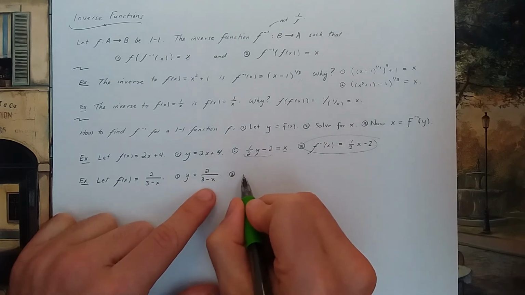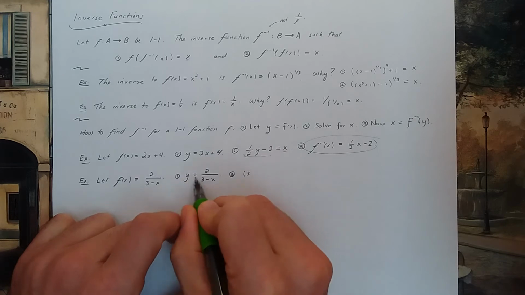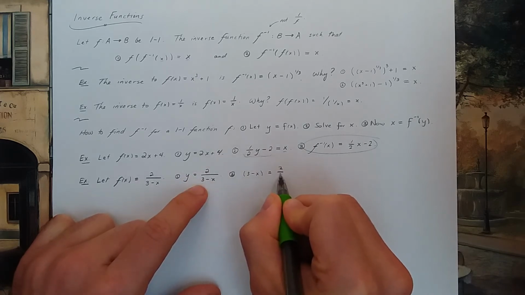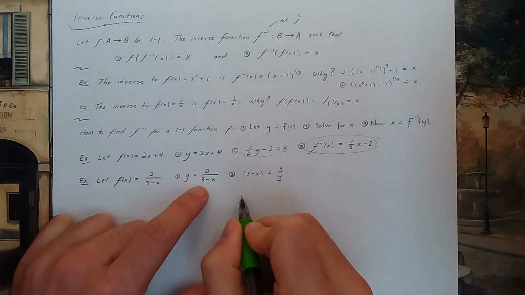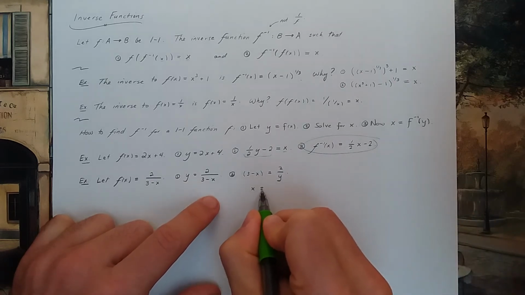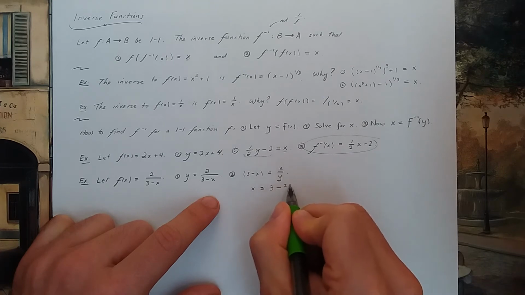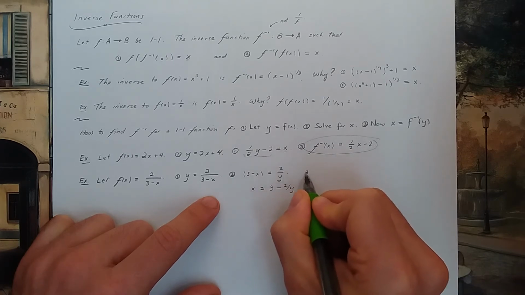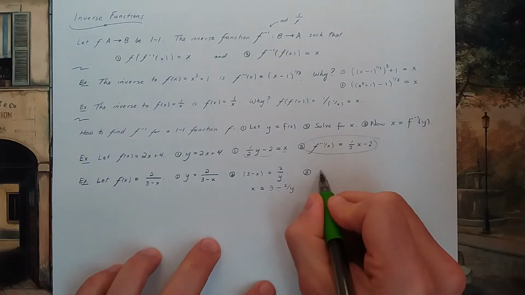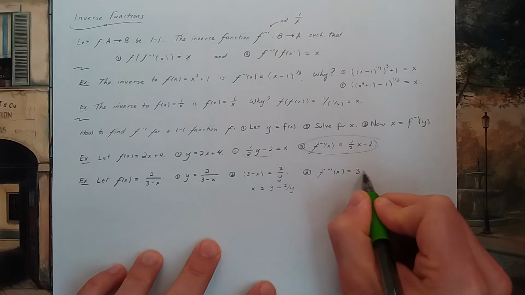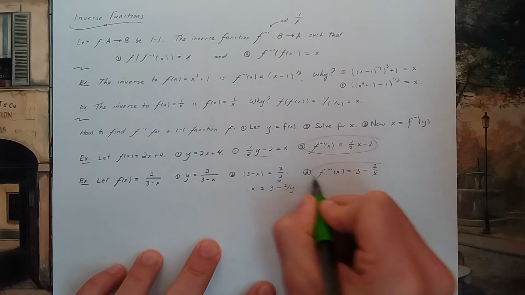So solving for x, I'm going to multiply both sides by 3 minus x. I'm going to divide both sides by y. And if I simplify a little bit, I think you'll find that x is equal to 3 minus 2 over y. And so therefore, my inverse function is 3 minus 2 over x.